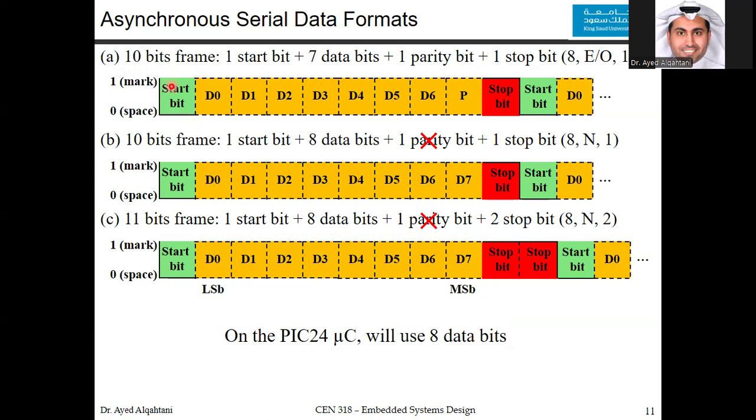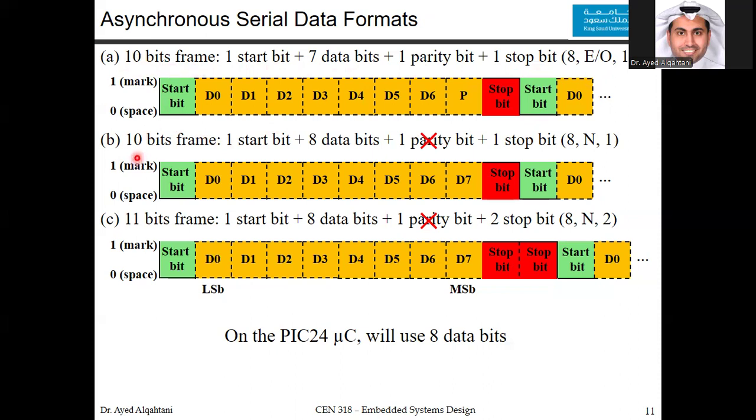This low pulse tells the receiver that, hey, there is a frame about to start. Then you have the data, and at the end you have a stop bit, which is a high value, and it will remain high for maybe only a single bit cycle or for a longer time, and then you will have another start bit and so on. So that's one way, which is the 10-bit frame.